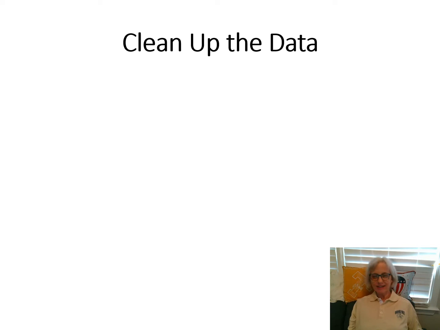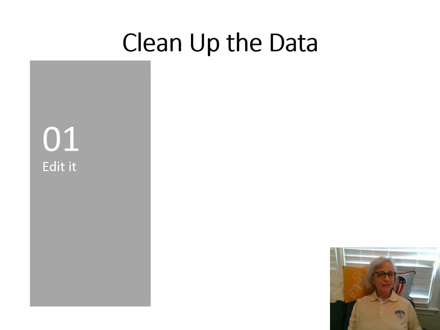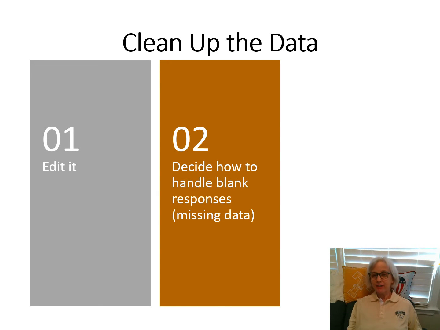Once you actually get the data, you have a lot of work to do. You have to clean it up by editing, find any mistakes that are easily correctable, and make notes so that you can report how you reconciled inconsistencies. You have to decide how to deal with responses that are missing. If a respondent answers everything except question number 8, do you include the other answers and exclude the missing response altogether, or do you exclude the entire response?